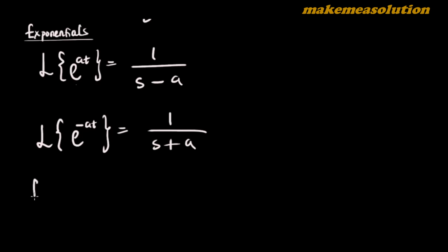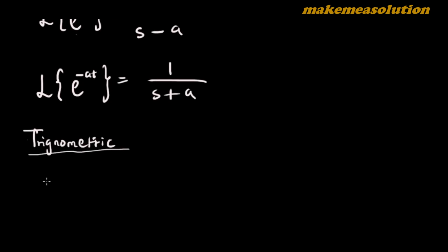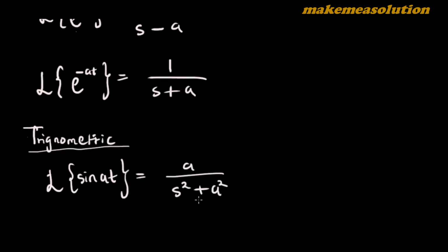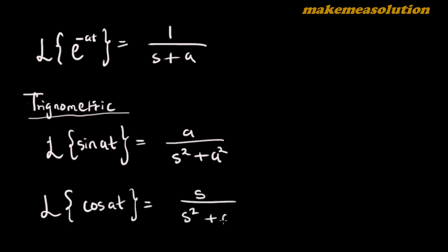For the Laplace transform for trigonometric forms, we have the Laplace transform for sine at, which is a over s squared plus a squared. The Laplace transform for cos at is actually s over s squared plus a squared.